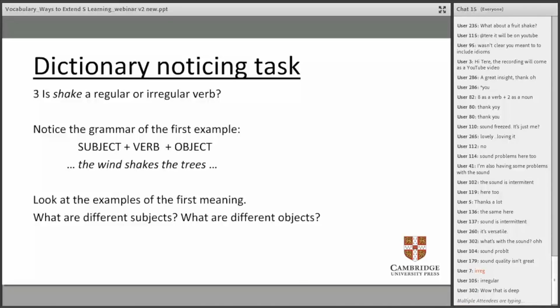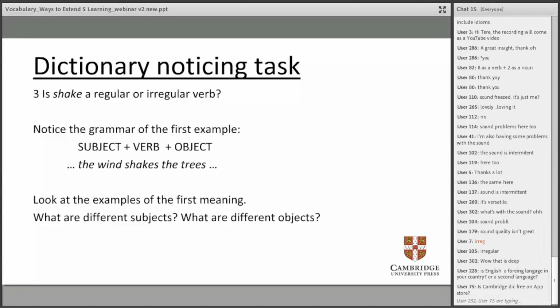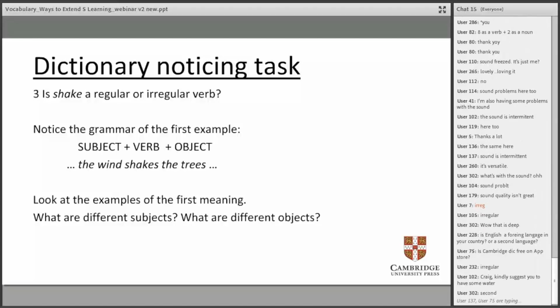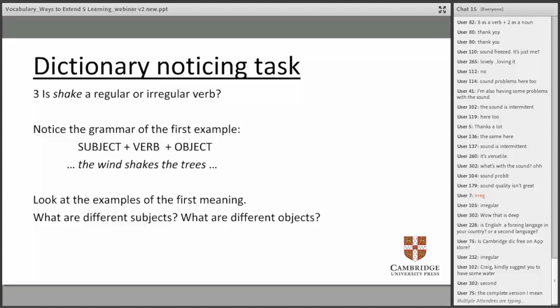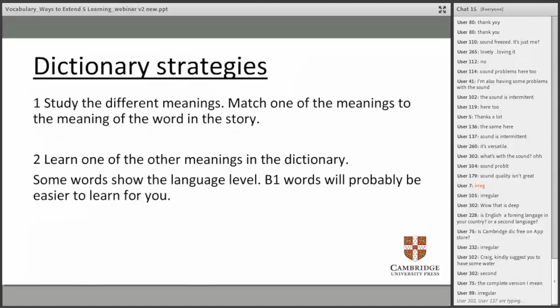So that got them to look at different nouns that shake would collocate with, in terms of what can shake and what can be shaken. So it focused on that kind of information. It also highlights the fact that the verb shake in this particular use is transitive.